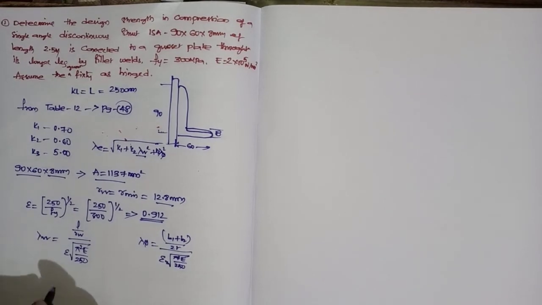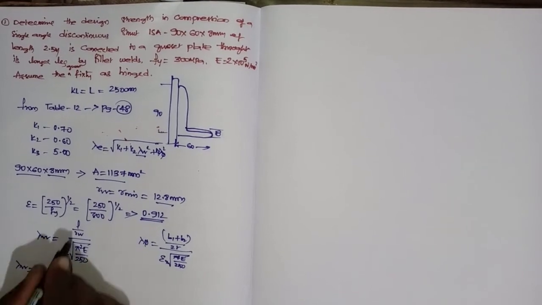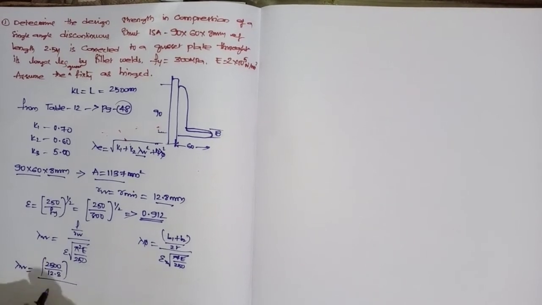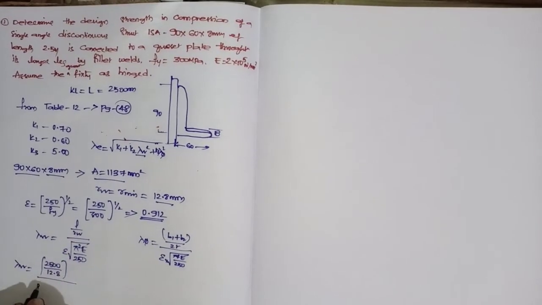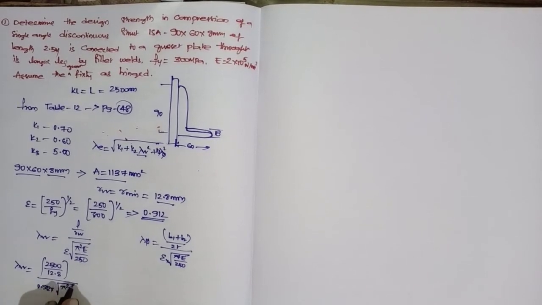Now, what is this lambda Vb? L is 2500 divided by 12.8, L by r is 195.31, and epsilon you got is 0.912 into the root of pi square into E, 2 into 10 power 5, divided by 250.